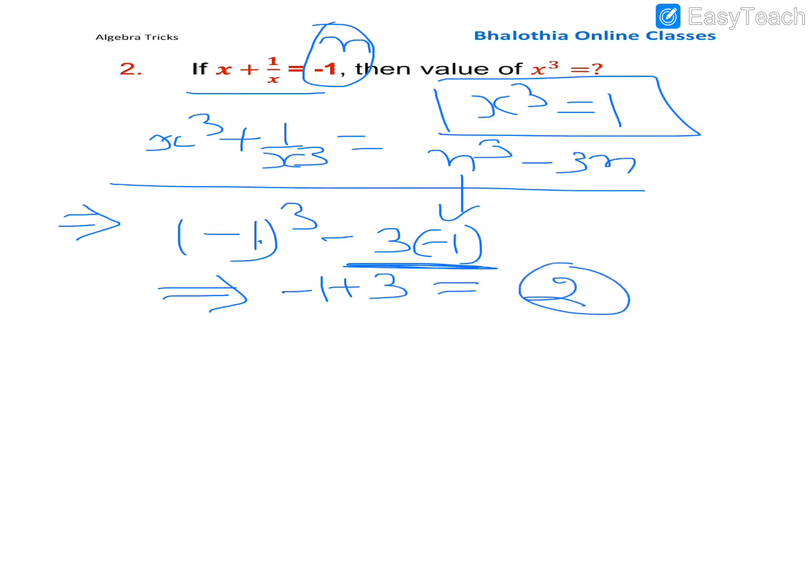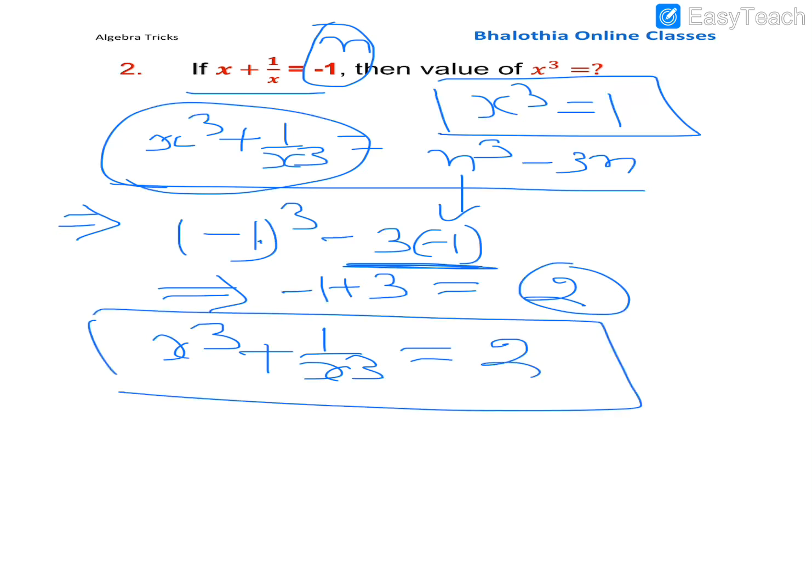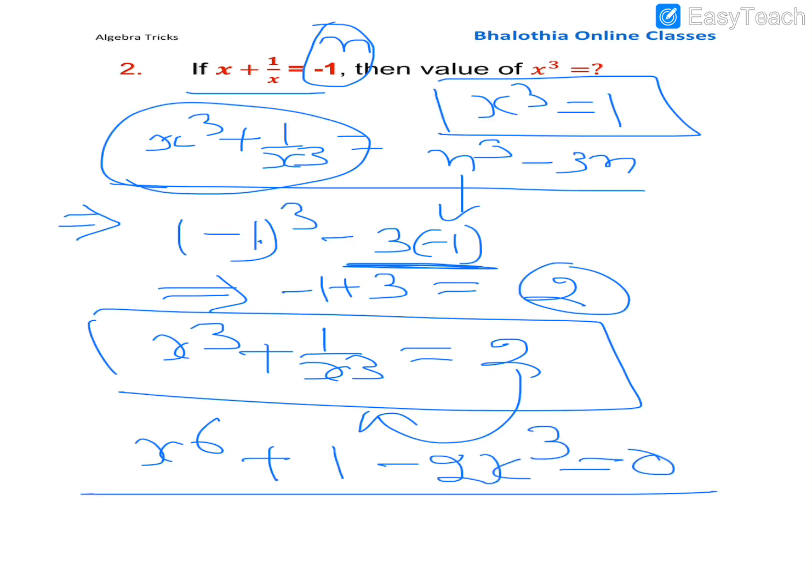So x cube plus 1 upon x cube equal to 2. Again we will do the same thing. We will take the LCM and move this 2 to the other side. So it will become x raised to the power 6 plus 1 minus 2 x cube equal to 0. How did we get it?